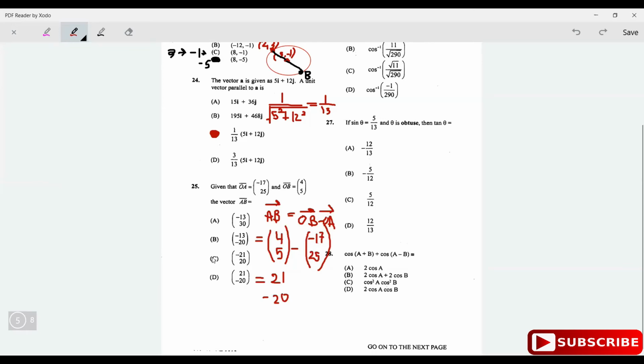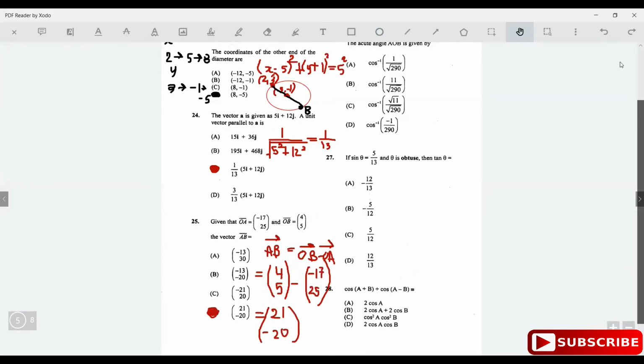That looks like option C. Minus 21, wait, minus 21, minus 20, that's option D. My apologies, option D. Let's clear out this right here, not C. So you have to remember that vector AB is vector of the last minus vector of the first. All right, so that's how we get that.